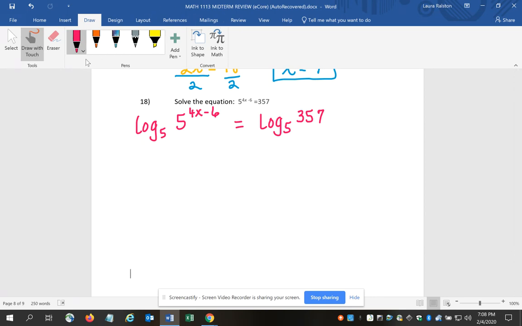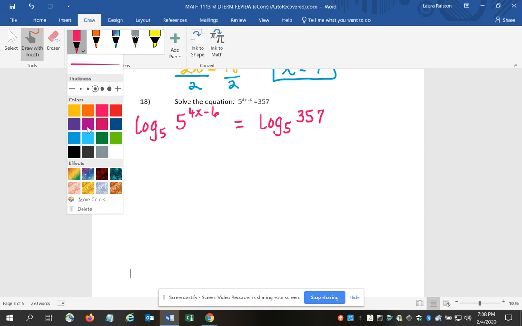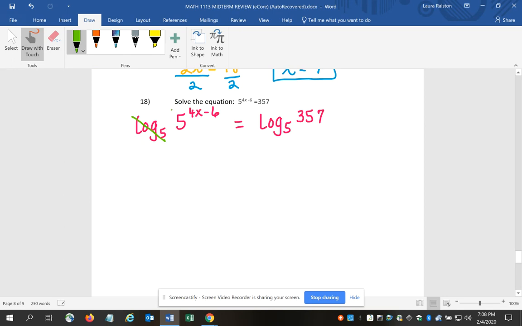So again, remembering that log base 5 and exponential base 5 are inverses, they cancel one another off. We have 4x minus 6. I don't believe this really means 5 to what power is going to be 357, and I don't believe we can find a particular value.